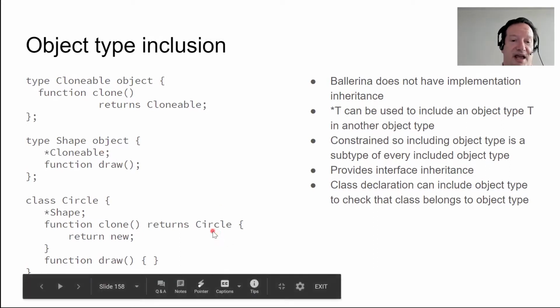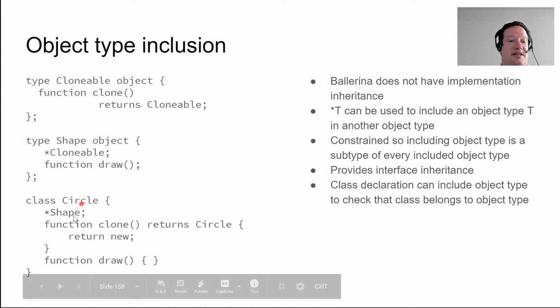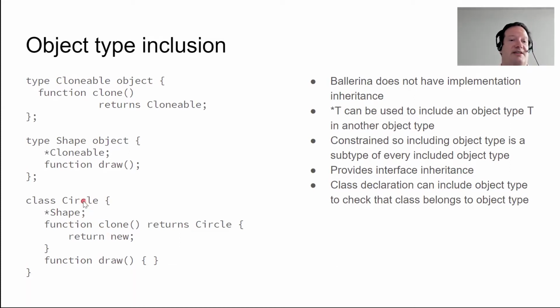So here, notice that we have made the return type a subtype of the return type here, and that's okay. You can override anything, provided you override it with a subtype. So the net result is when you do star shape, you're guaranteed that circle is a shape.